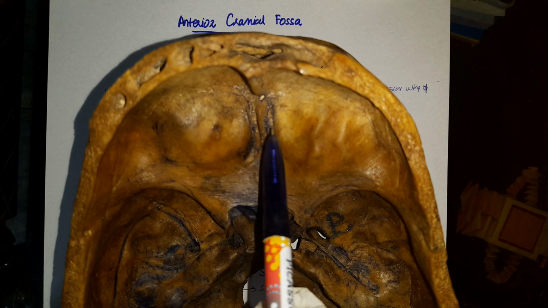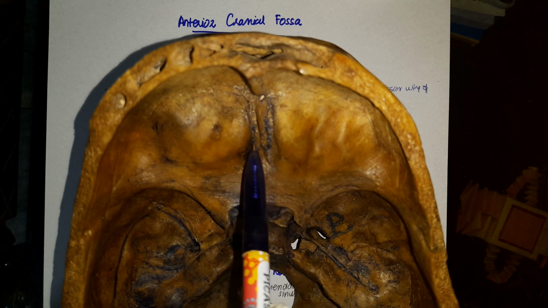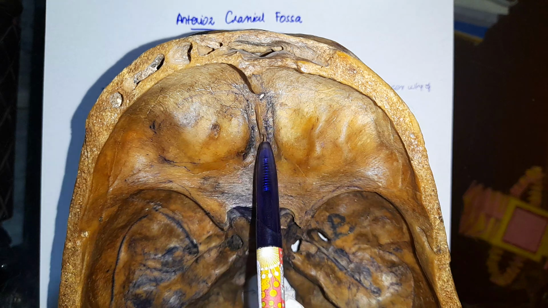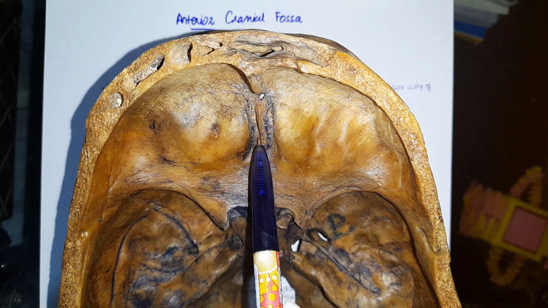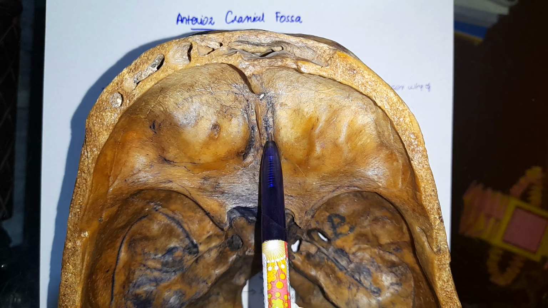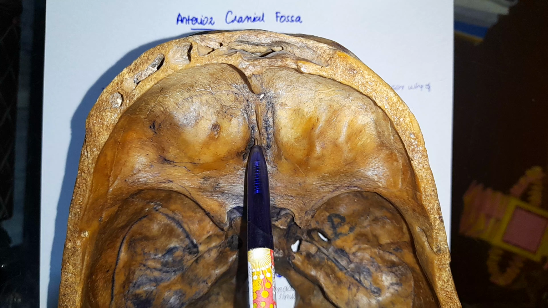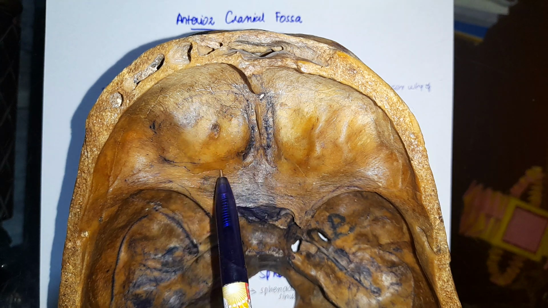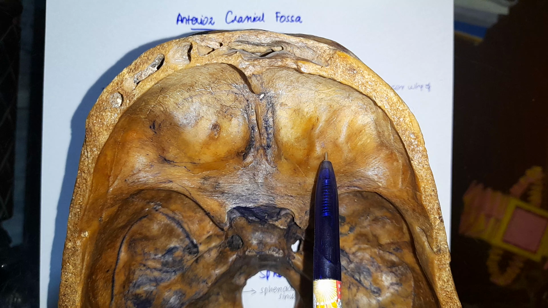On the midline, we have this big prominence which is the crista galli, just behind the frontal crest. Then on both sides, we have the cribriform plate. You can see it has a large number of holes in it. This is the cribriform plate of the ethmoid bone. On both sides, we have the superior orbital fissures.